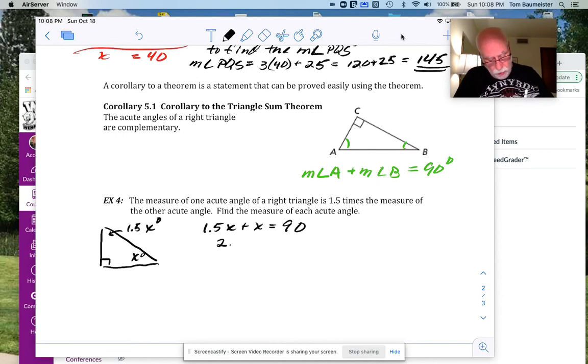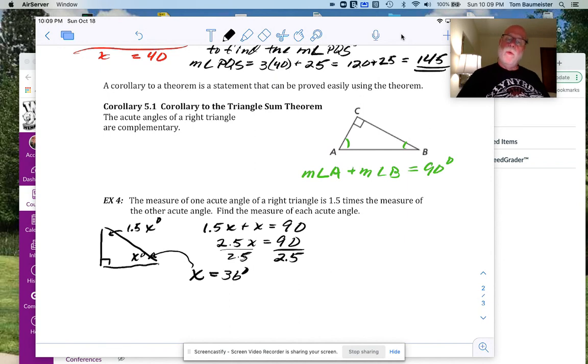So if we add those up, 1.5 plus 1 is 2.5x, which is equal to 90 degrees. To get x by itself, I'm going to divide both sides by 2.5. And then that'll give me that x is equal to 36 degrees.